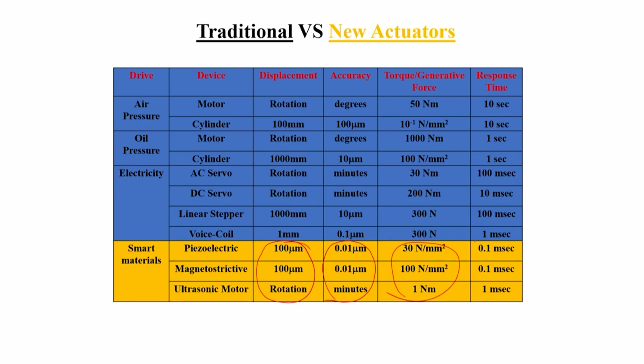The response time that I told you is very fast. Remember, I am comparing here as actuator, but as I told you, most of the smart materials are both sensing as well as actuating. So, whatever comments we make here is also true for the sensors as well.